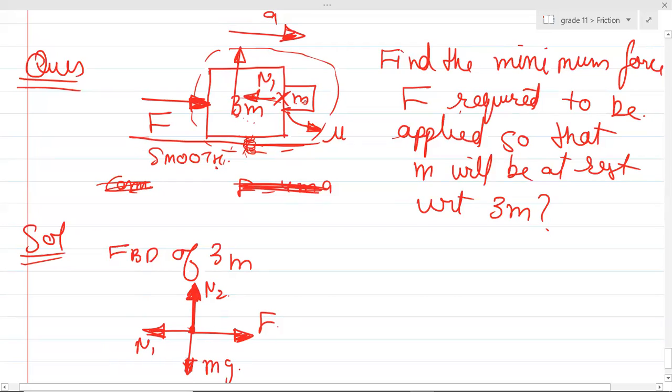See, this block M has a tendency to fall over 3M, right? Yes or no, guys? I am not drawing the direction of friction as of now. First, let's see what is the direction of friction.